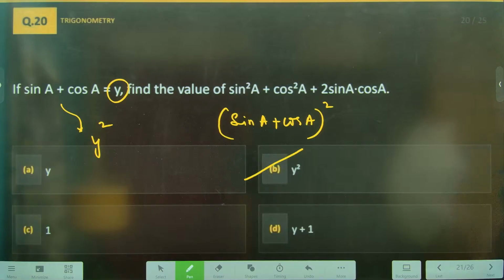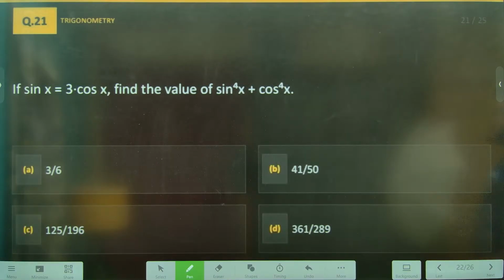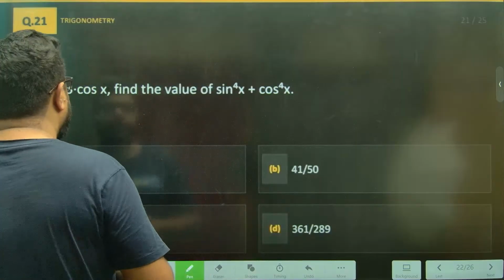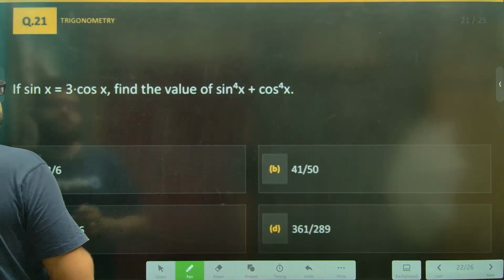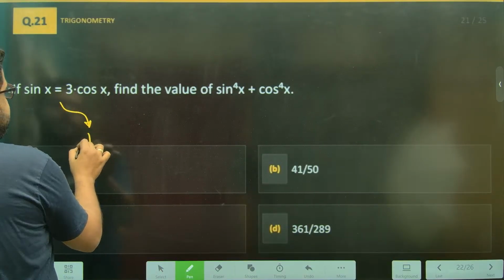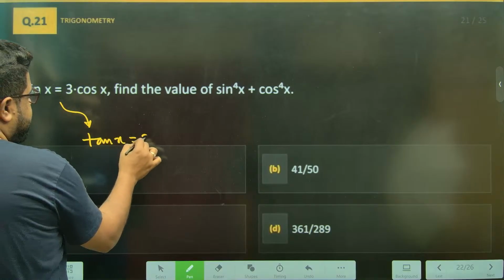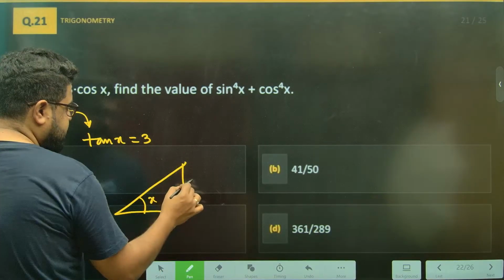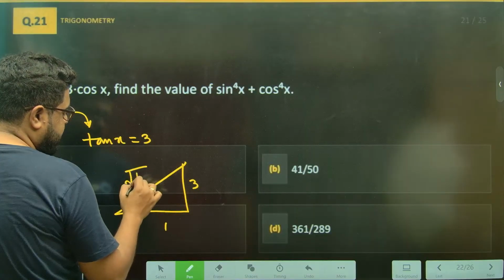Very simple stuff. Next one, sin x equal to 3 cos x. So they are asking you this to the power 4. Let's see, sir. This implies tan x equal to 3. So if this is x, this is 3, this is 1, this will be, sir, root 10.